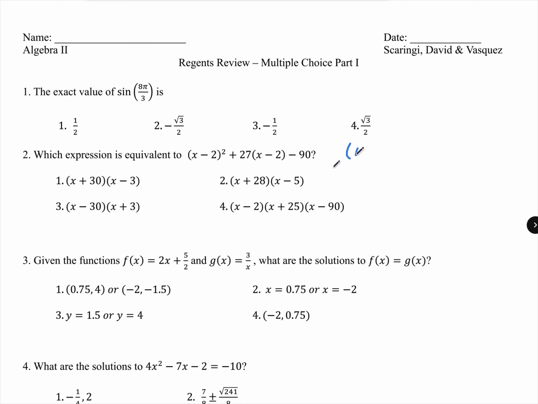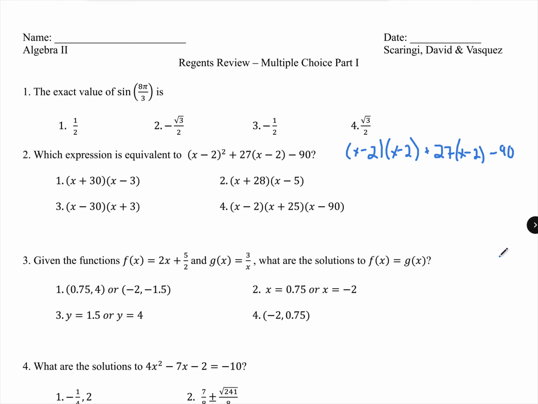So I'm going to multiply x minus 2 times x minus 2, plus 27 times x minus 2, minus 90. So that's my hint, and for most questions, I'm going to try to give you a little hint, pause, and then come back with the answer afterwards.